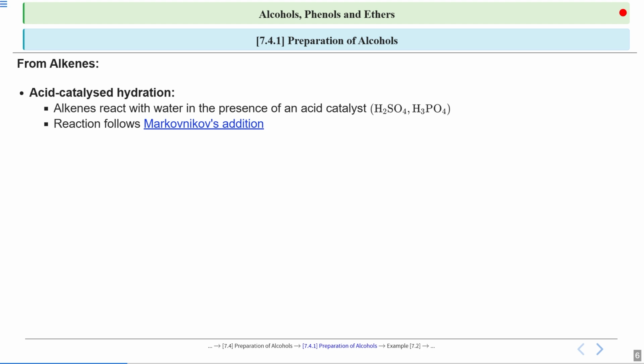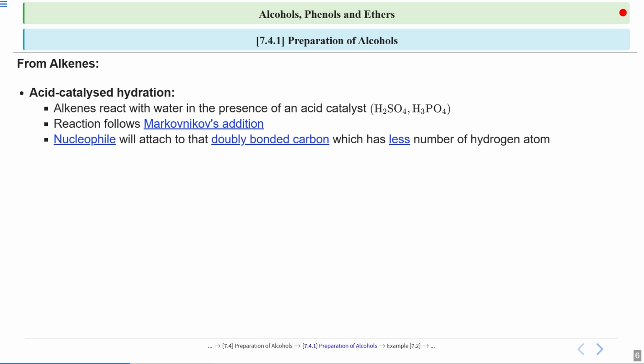We have learnt that if alkene undergoes the addition process, then it can follow the Markovnikov or anti-Markovnikov rule. But here, for the preparation of alcohols, the alkenes react with the water molecule in presence of acid catalyst to get the proton H positive. The reaction will follow Markovnikov addition rule.